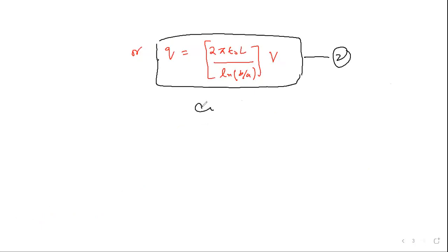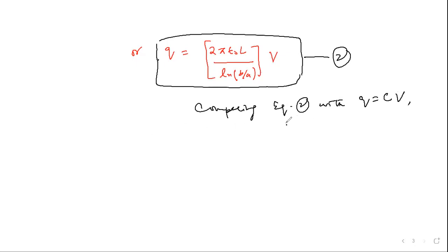Next step is comparing equation 2 with Q equals CV, which is the defining equation of capacitance.